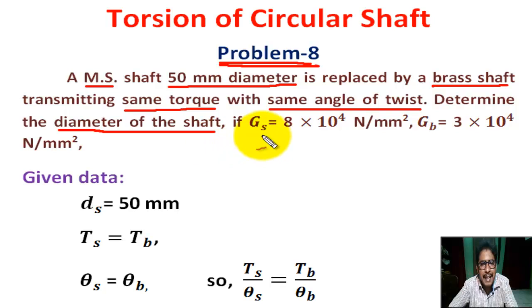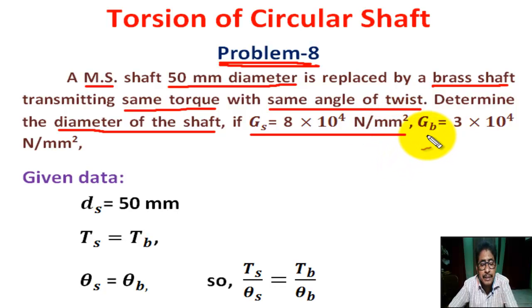If GS means modulus of rigidity of steel shaft, GS equal to 8 into 10 to the power 4 Newton per millimeter square.